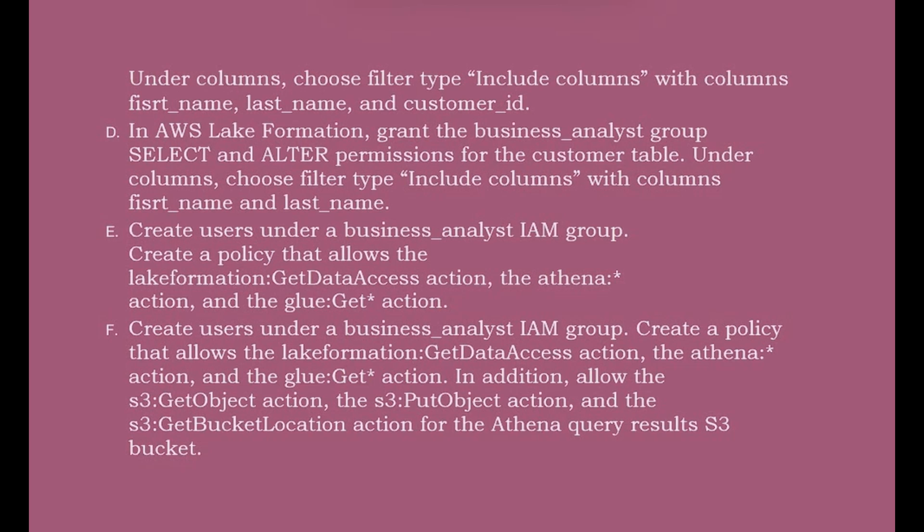Under columns, choose filter type, include columns with columns first_name and last_name. Option E, create users under a business_analyst IAM group. Create a policy that allows the Lake Formation GetDataAccess action, the Athena action, and the Glue Get action.